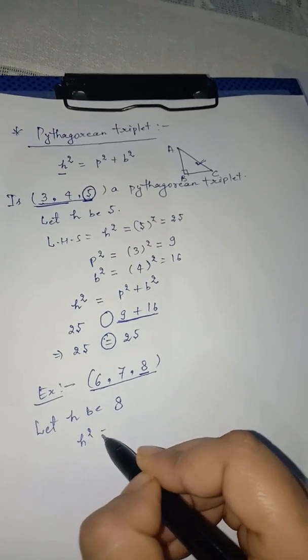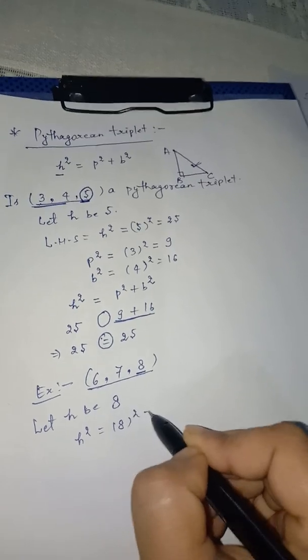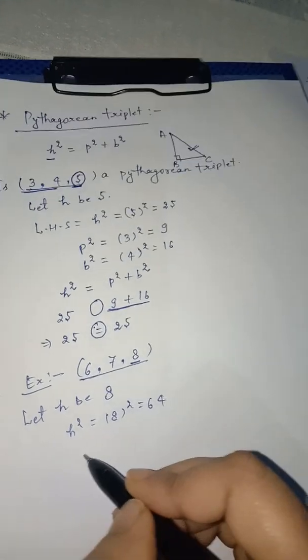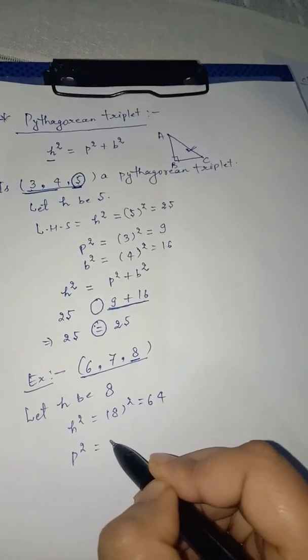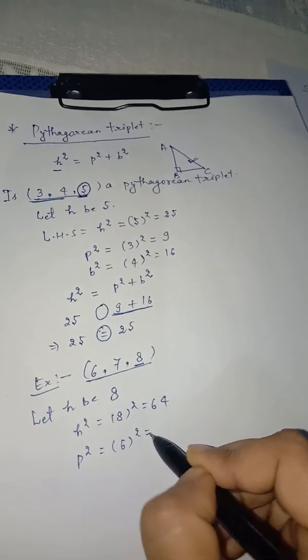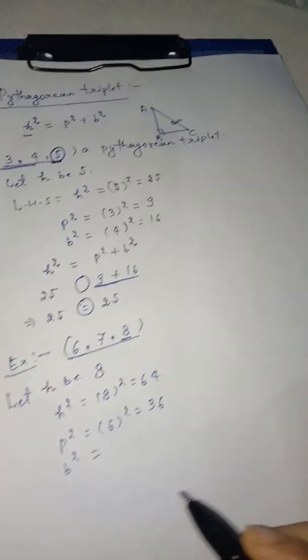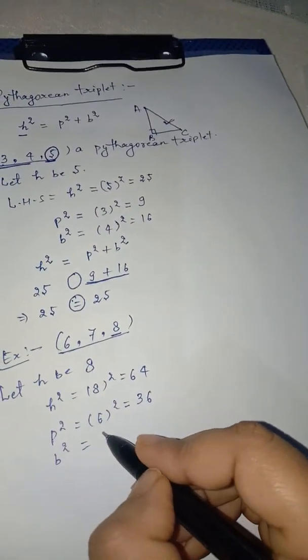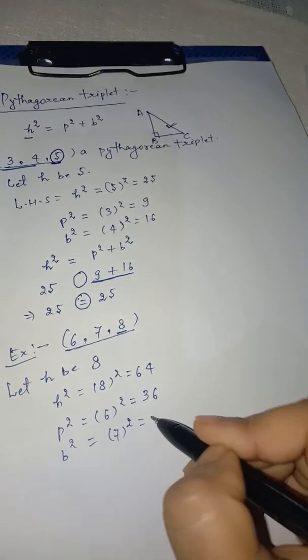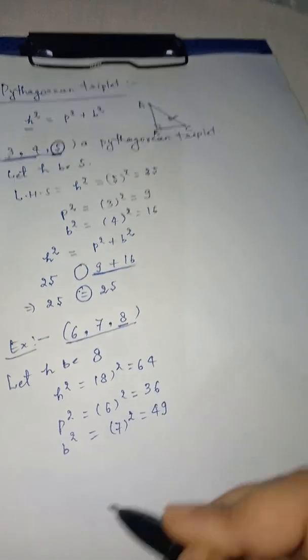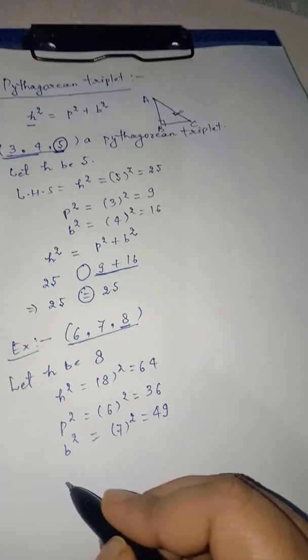H square equals 8 square, 8 square equals 64. Now p square equals 6 square, 6 square is 36. B square equals 7 square, 7 square equals 49.